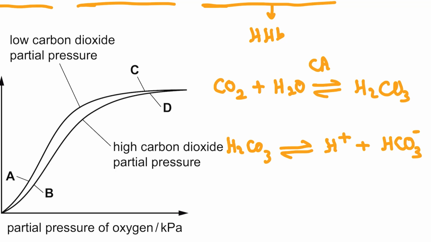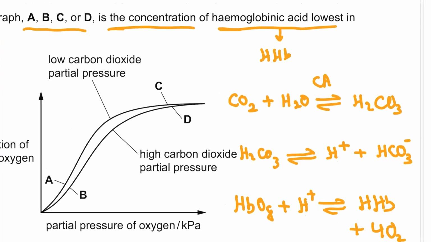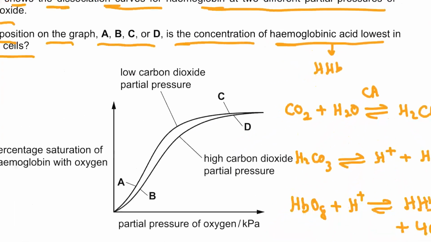Okay. What happens then? There is oxyhemoglobin which combines with hydrogen ions to form hemoglobinic acid, that is HHb, and oxygen is released from the oxyhemoglobin. HbO8 is oxyhemoglobin. So these are the pathways. Okay. So we have to select a point where hemoglobinic acid concentration is the lowest.